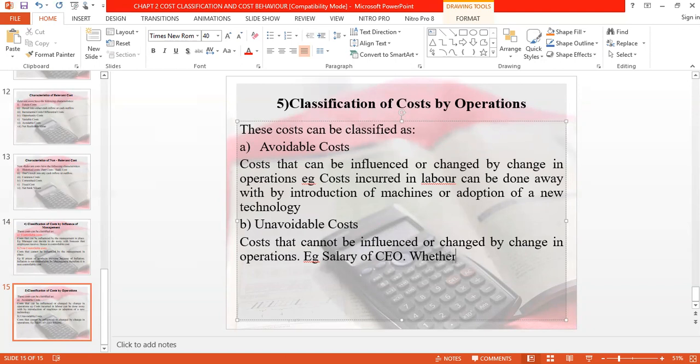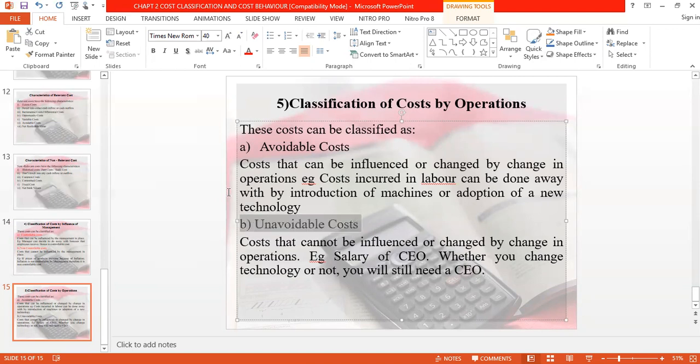Whether you change technology or not, you will still need a CEO. So in that case, what is paid to the CEO is unavoidable.